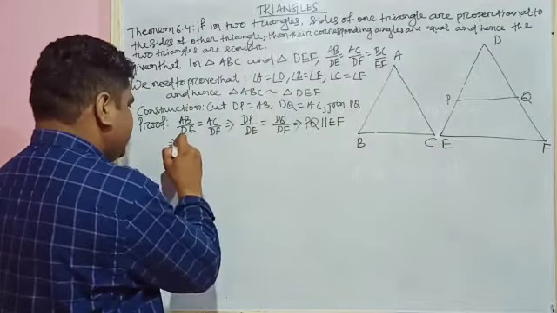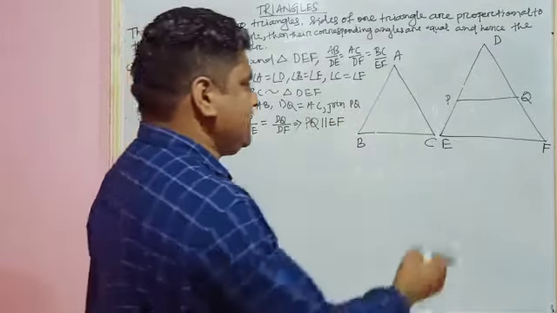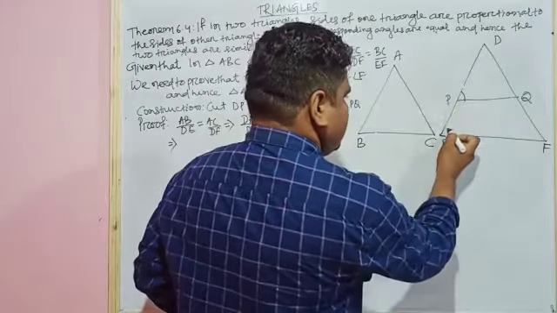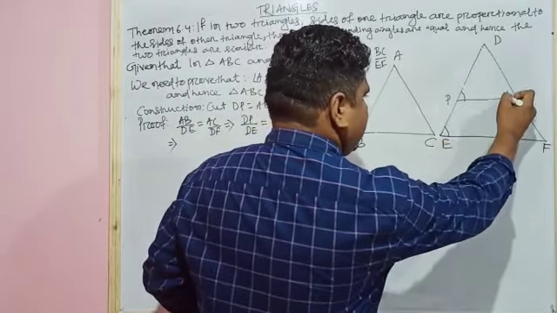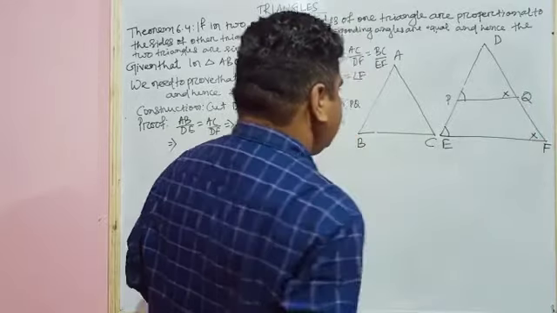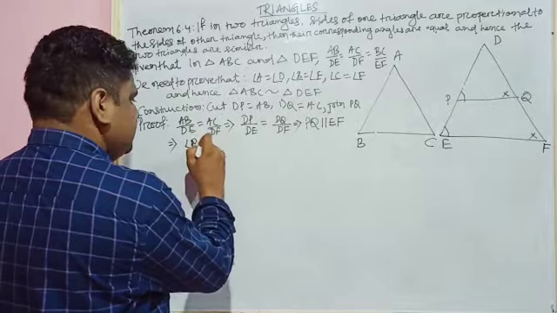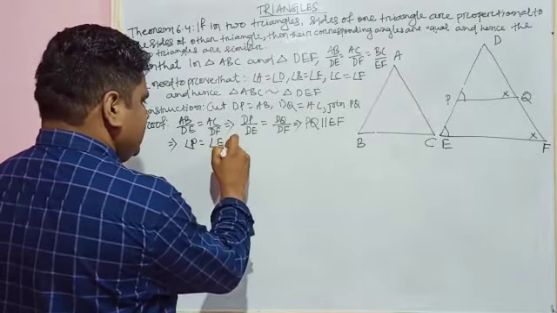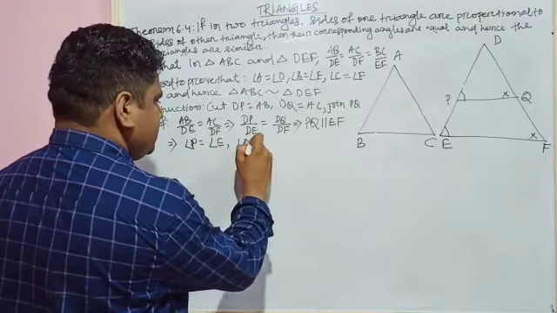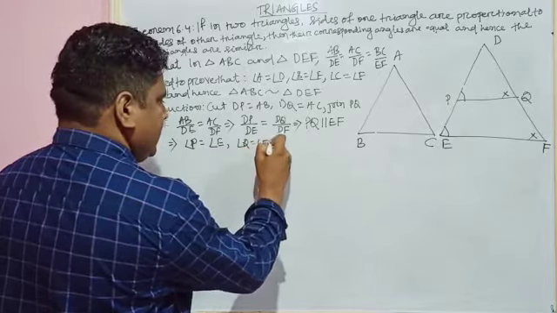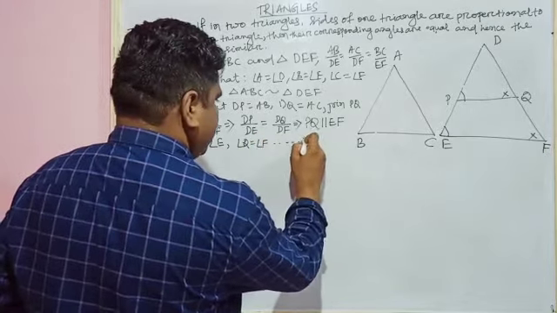If PQ is parallel to EF, then the corresponding angles must be equal. This angle and this angle, and also this angle and this angle. So we can write angle P is equal to angle E, and angle Q equal to angle F. Let it be equation 1.